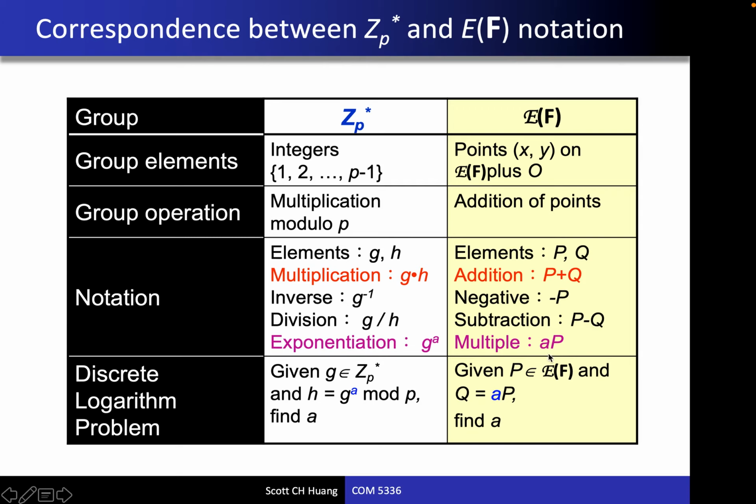And then exponentiation, G to the power of A, will be changed to a scalar multiple. I have to make a special remark here, because how do we calculate modular exponentiation? If you guys remember, we have a special algorithm for doing that.